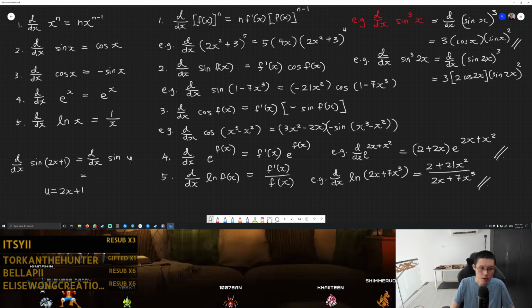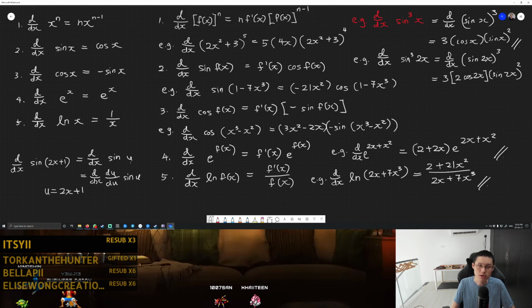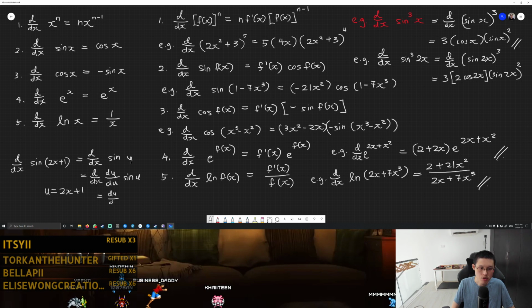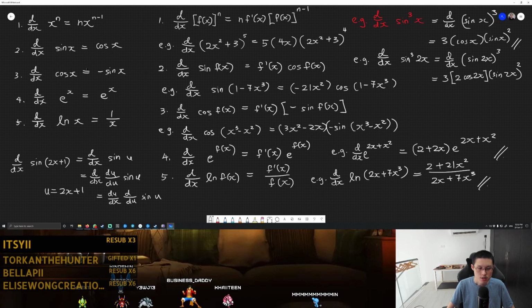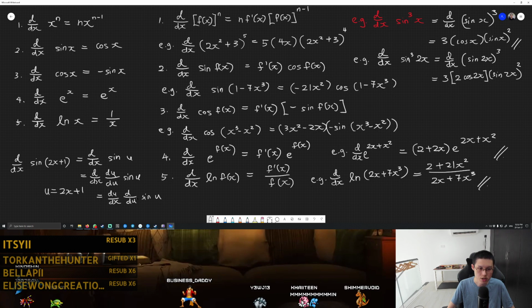Well, you have to multiply this with du over du. du over du is just 1. I'm just multiplying by 1. I'm not changing the equation. And I'm going to swap the order, so I'm going to get du/dx here, and then d/du of sine u. Because when you multiply something, a times b is the same as b times a, so the order doesn't matter. So you can swap these two around.